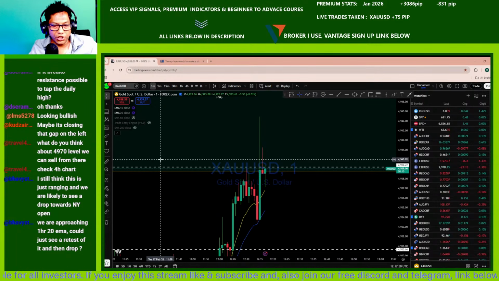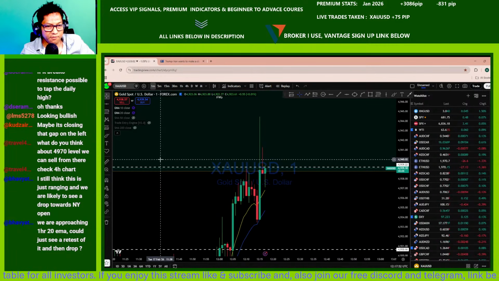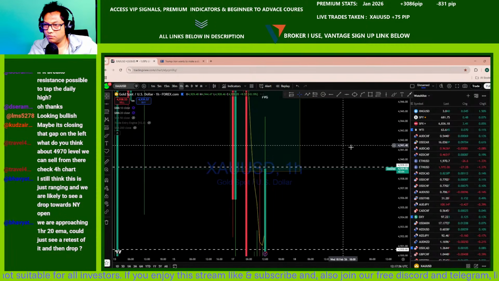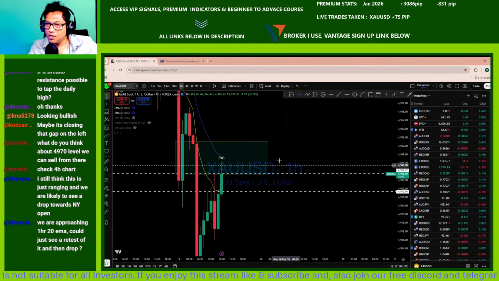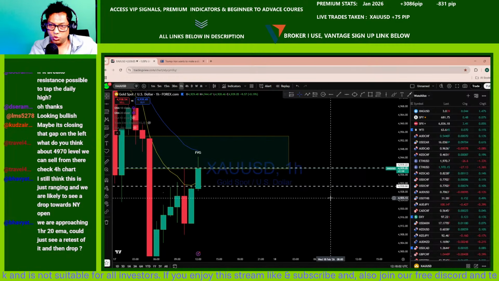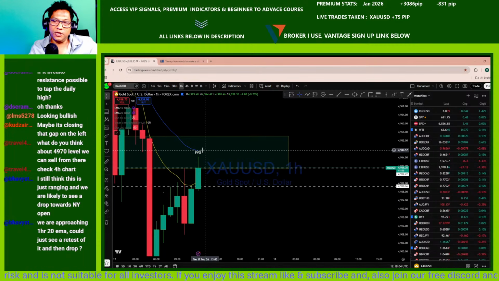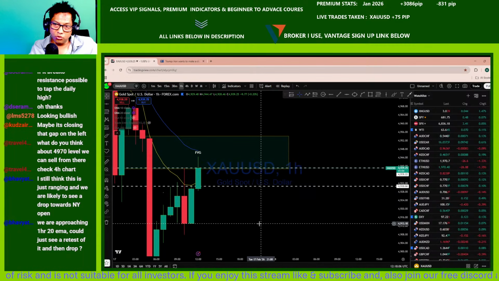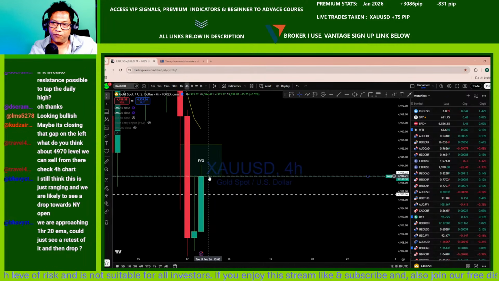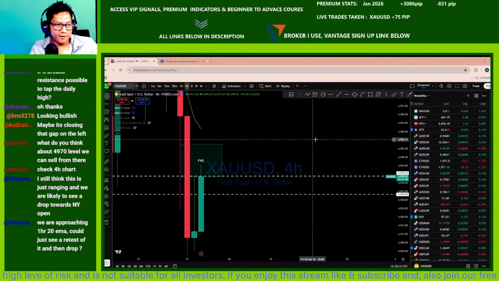We are approaching the 1 hour 20 EMA. There is a chance for a retest of this 1 hour 20 EMA, or without a retest it could continue to drop back below, because the market has just crossed the 4-hour resistance line, right?